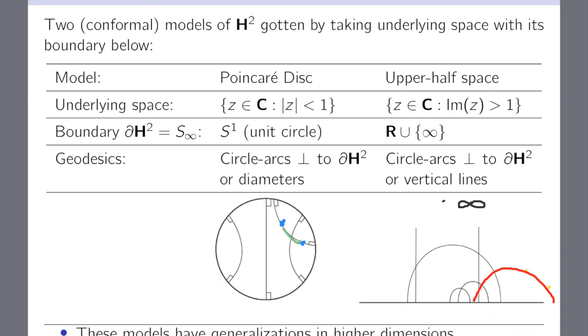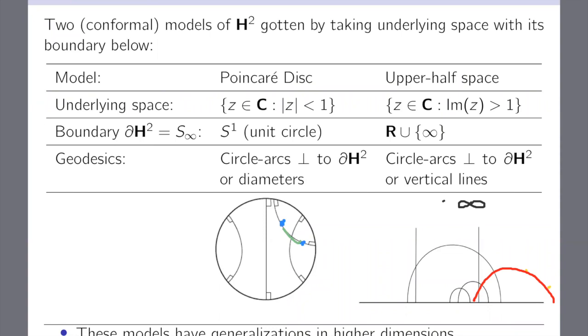That lies on a circle arc perpendicular to the boundary in that model. Those are the lines, and my geodesic, my shortest path, is in green. It wouldn't be the Euclidean line segment joining them. That would actually be longer, in terms of the distance of the metric on this space.